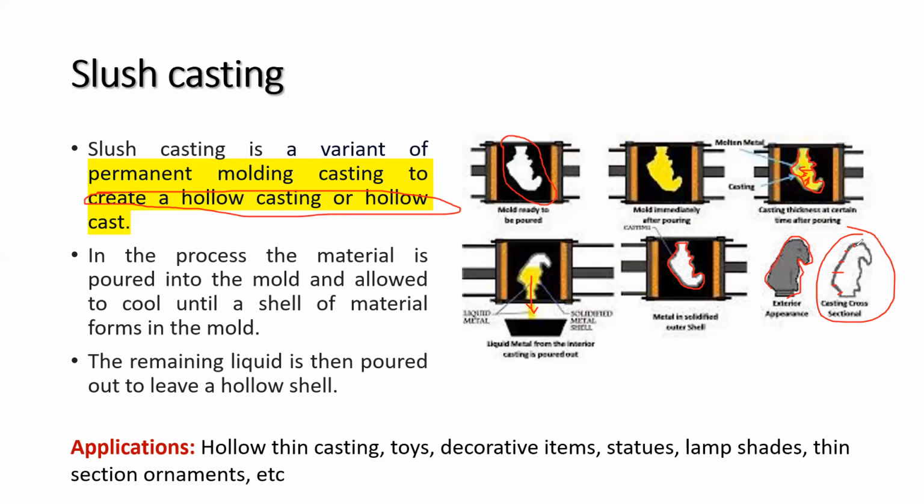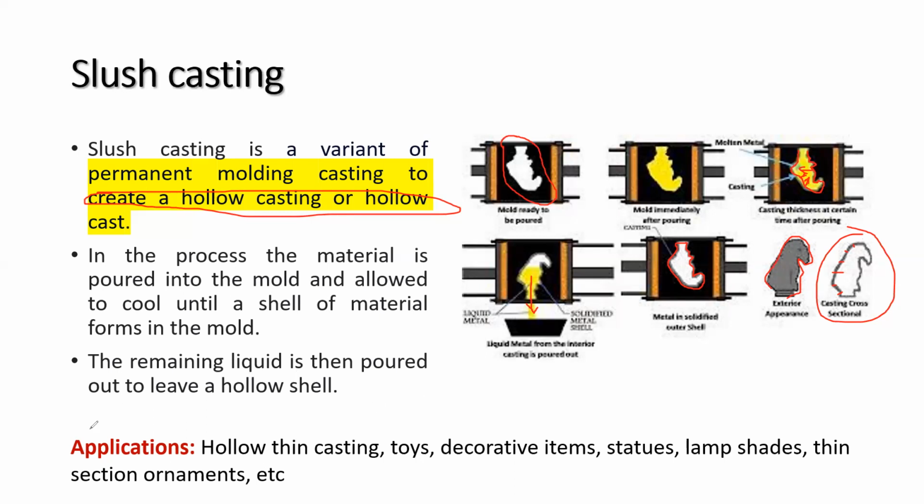So the thickness control depends mainly on how much time we give for solidification. If we keep the molten metal until complete solidification, we will get a solid product. If we pour out the excess material after a particular time, we will get a very thin shell.